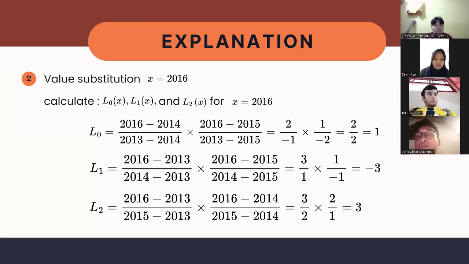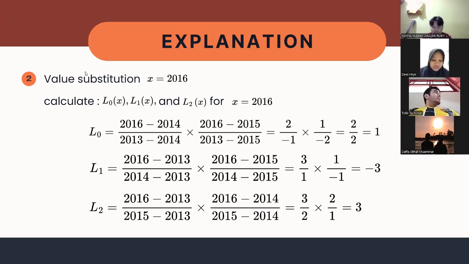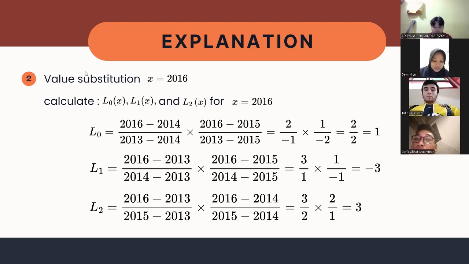L0 is equal to 2016 minus 2014, divided by 2013 minus 2014, multiplied by 2016 minus 2015, divided by 2013 minus 2015, which is equal to 2 divided by minus 1, multiplied by 1 divided by minus 2, so equal to 1.